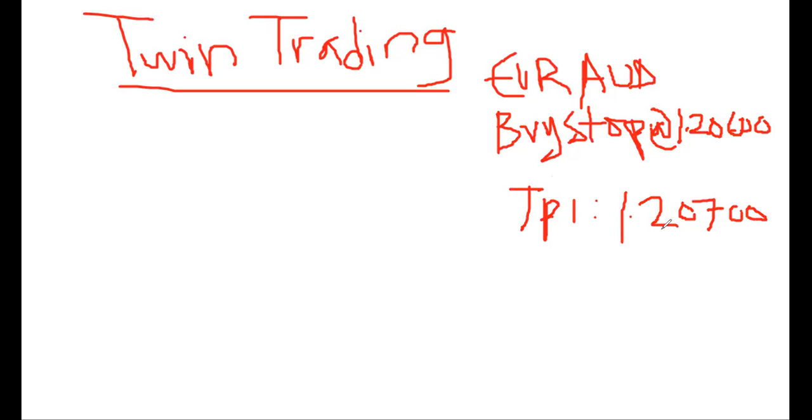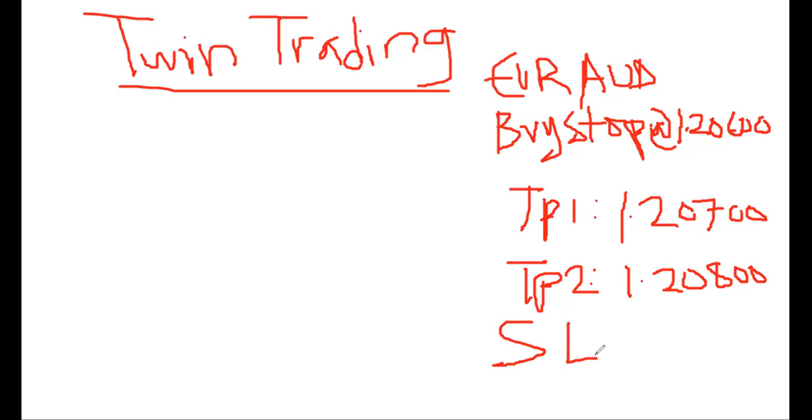Now, if I make my TP2 an addition of 10 pips again, my TP2 will be 1.20800. Let's say my stop loss is 1.20100.